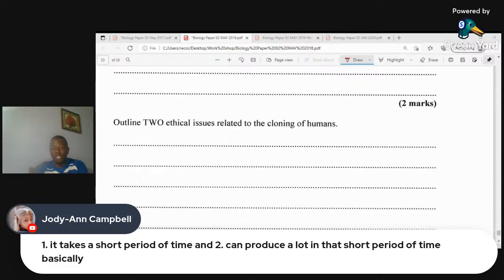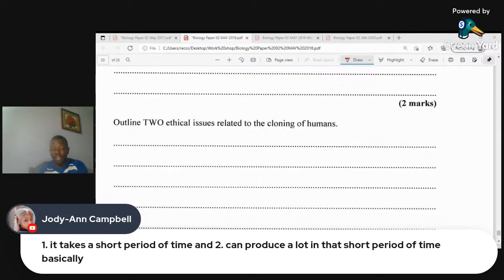It removes individuality. That's another nice one. Persons are playing God. That's another nice one. It could lead to some form of mutation, cause persons to age faster than they should age.